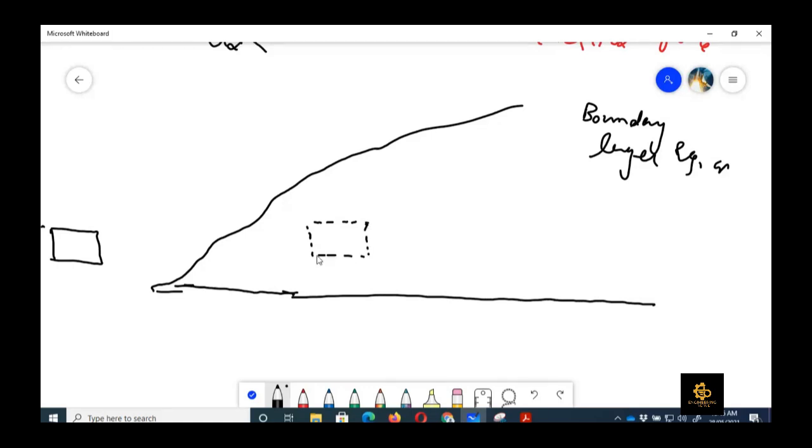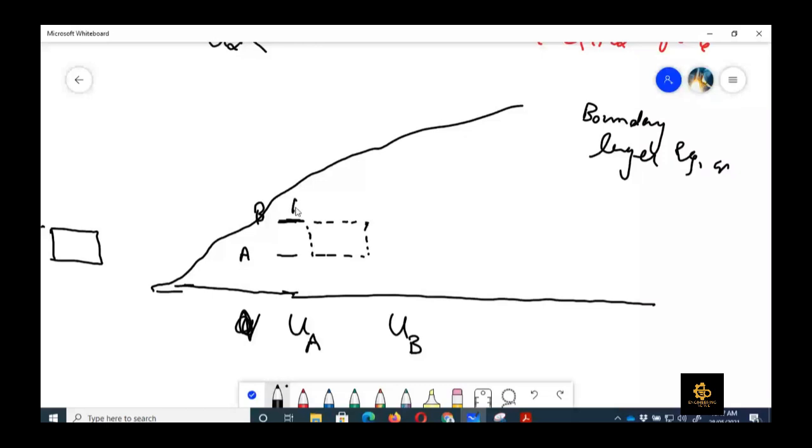Okay, can anyone tell me, if this is the location A and this is location B, location B is on the upper face of the element, location A is on the lower face of the element. So if I write here u, streamline velocity at A and streamline velocity at location B, can anyone tell me whether the velocity at point A would be greater or the velocity at point B would be greater? Anyone in the class?